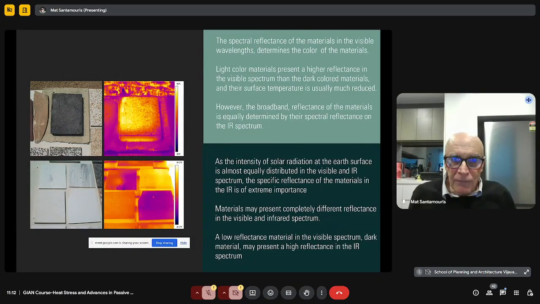And given that 50% of the solar radiation is in the infrared part, a material like the black asphalt may have a high absorptivity in the visible, but a high reflectance in the infrared, or may have a high absorptivity in the visible and also a high absorptivity in the infrared. Can we change the properties of the materials?